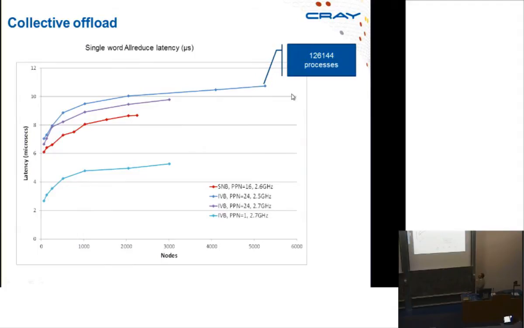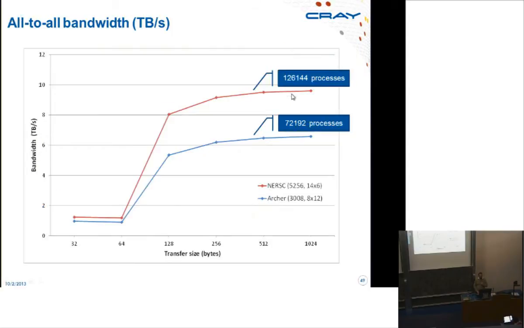Here we can see how the collective offload gives us under 10 microsecond latency on 126,000 processes. That's a significant improvement over software, on the order of magnitude. But again, it only applies to quite small reductions, and it does require additional options to be passed to the library when you compile your application, which I'll go into later.